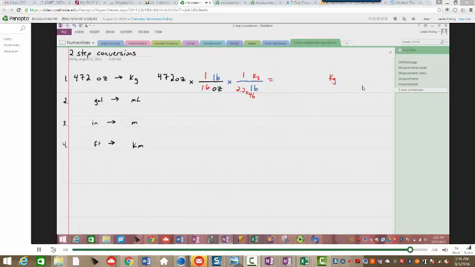So 472 divided by 16 divided by 2.2046 gives us 13.4. Now this relationship is exact, so it is this that limits our sig figs.